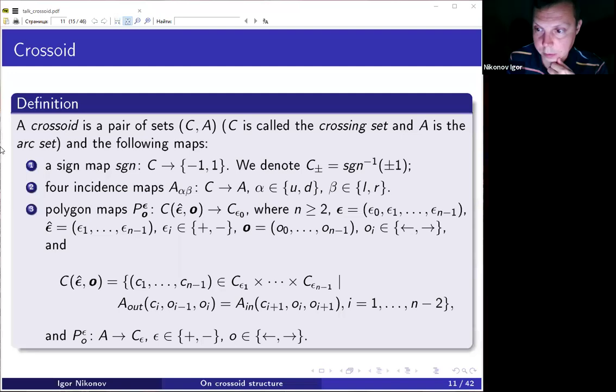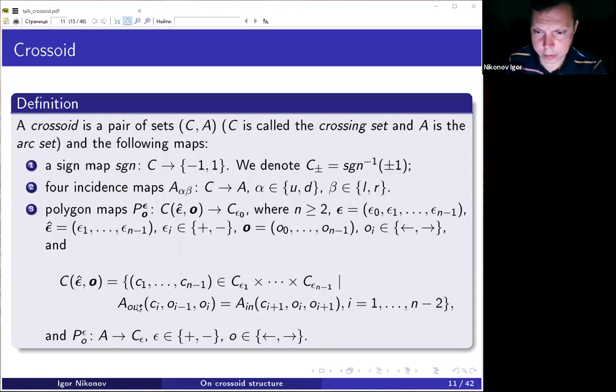We say that if the edge is oriented counterclockwise, we draw a right arrow, and if the edge is oriented clockwise, we draw a left arrow. So we have several parameters. We consider polygons with the signs of the crossings and orientation of the edges, and each combination gives some map which defines the color of the crossing C0.